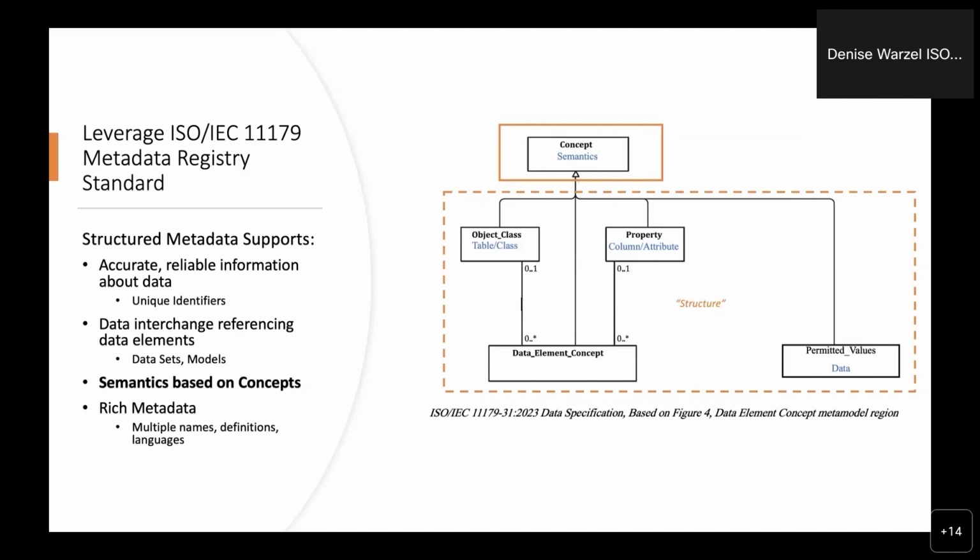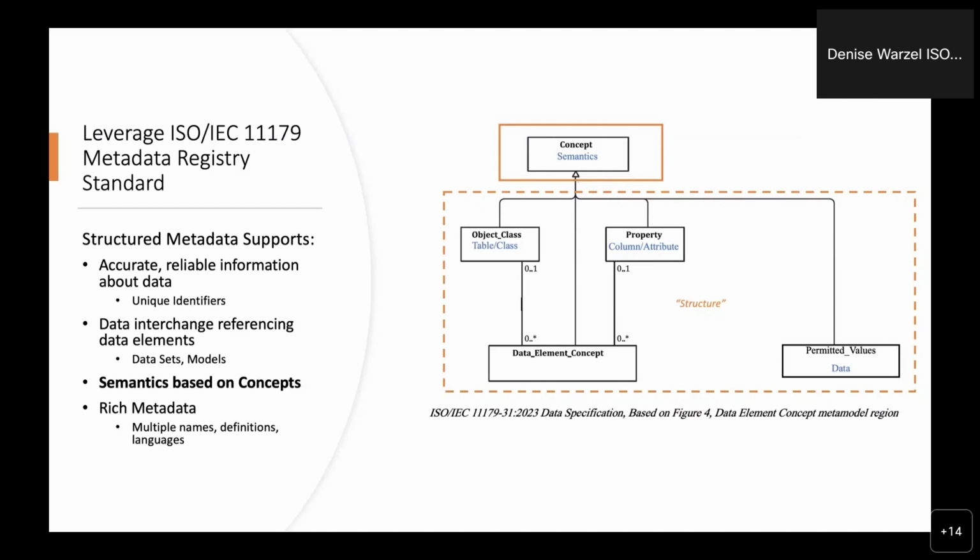But the key component here is that the semantics of the content in an 11179 registry are based on concepts. And I'll talk a little bit more about concepts in a moment because that's one of the emphases of my talk. Concepts are assigned to these things called object classes, which are kind of similar to tables or classes in a class diagram, and then also to the properties, the columns and the attributes.